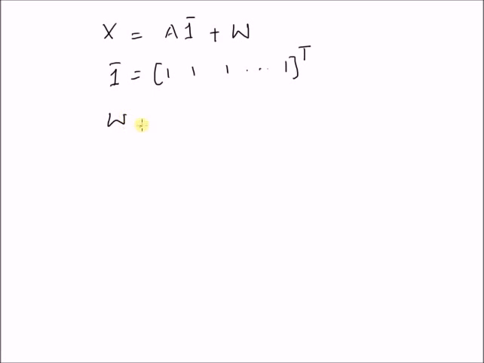And the vector W has n components, that is W of 0, W of 1 up to W of n minus 1. So this is the noise vector, this is the vector 1, and this is the observation vector.